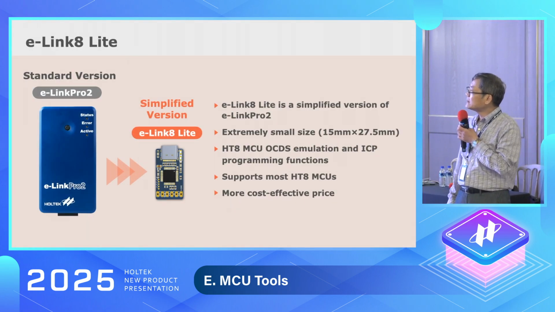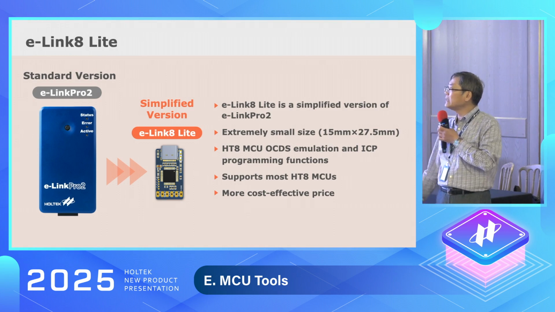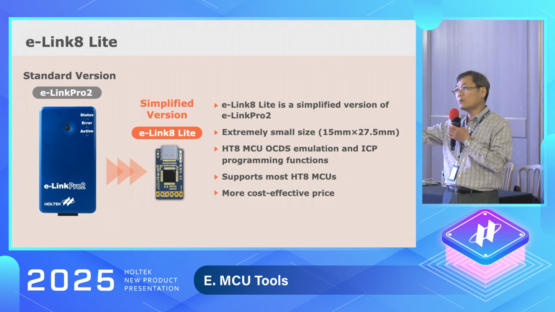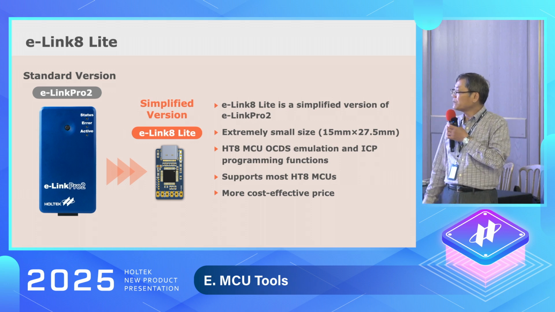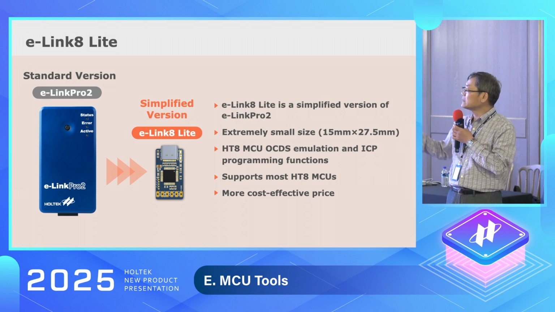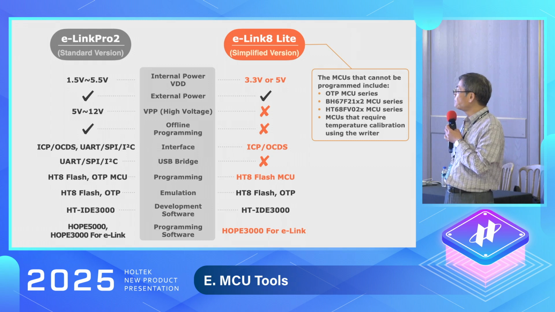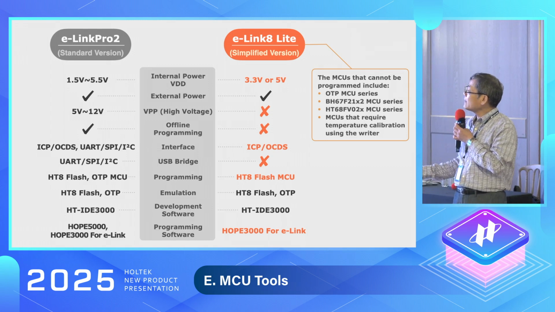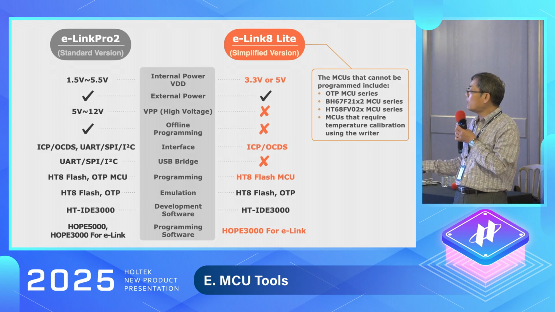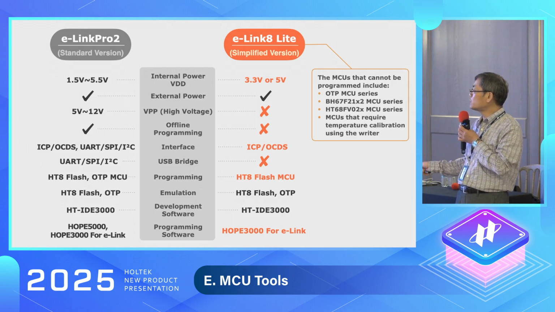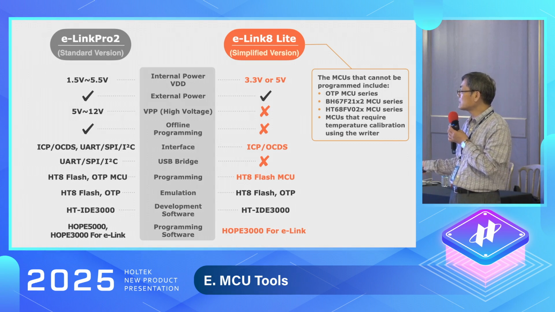E-Link 8 Lite is a simplified version of E-Link Pro 2. I believe some of you may have already seen the E-Link Pro 2. The E-Link 8 Lite is much smaller and cheaper. What's the difference? For the 8 Lite, it does almost the same when you do the emulation. So it emulates all the Holtek's 8-bit flash and OTP controllers.